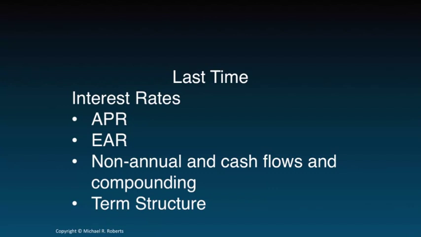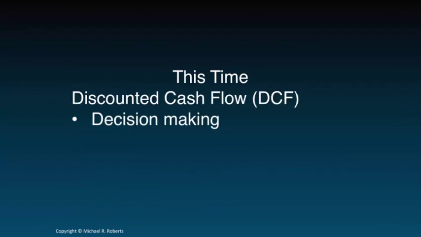And we discussed yield curves, loosely how to construct them, what the yield means, where it comes from, and how to interpret these graphs. Now we're going to switch over to discounted cash flow analysis, and I want to start by motivating the topic and providing a little bit of background by discussing decision making. So let's get started.